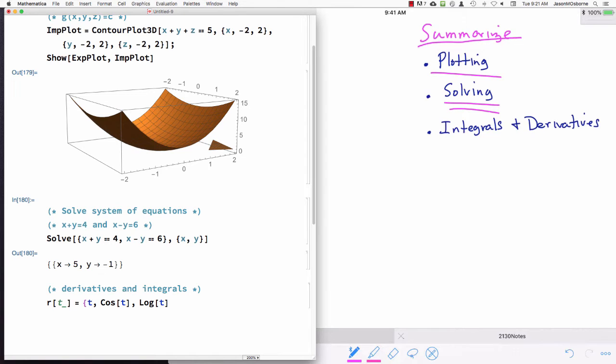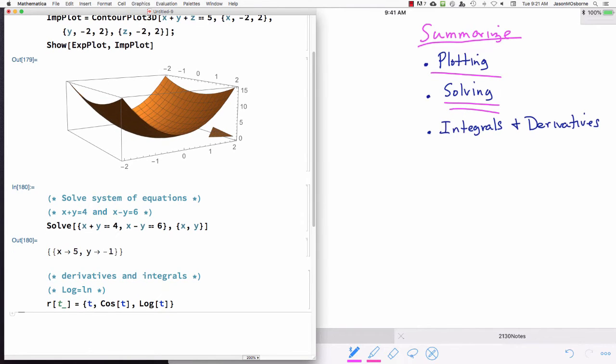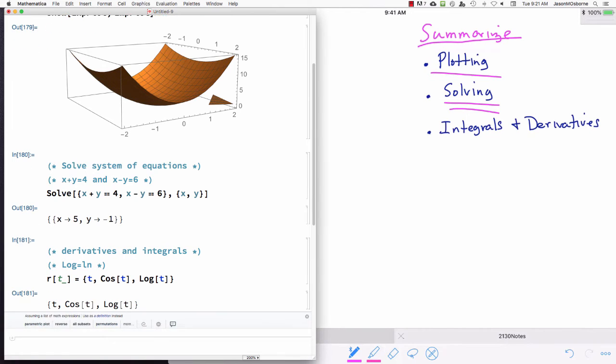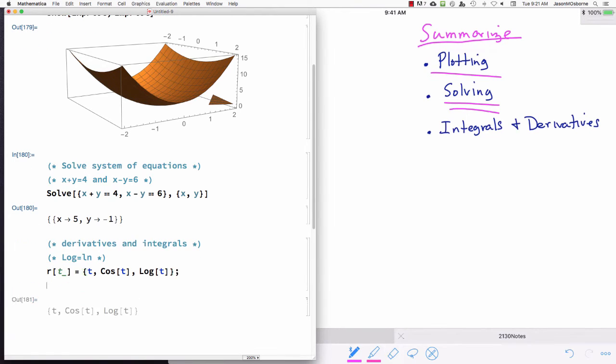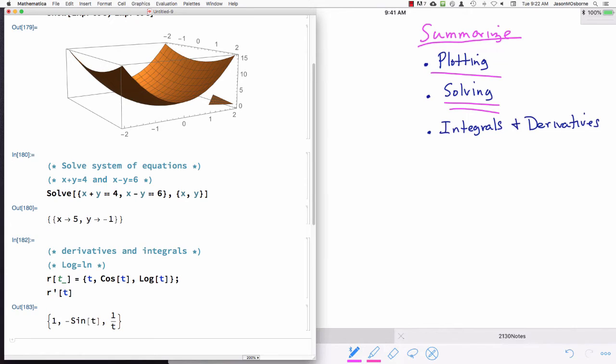Mathematica uses capital Log for the natural logarithm. There would be your curve, and if you want the derivative, r prime of t, there's your derivative. So that may be helpful.